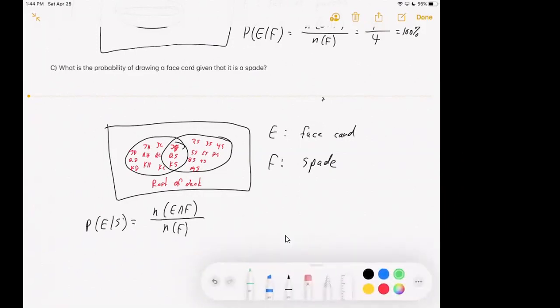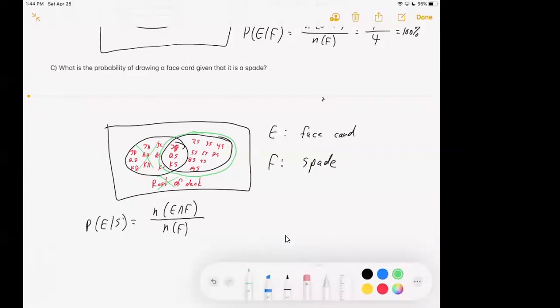I'm going to circle what is set F. We're not worried about all of the stuff that was over there, because we've been told it can't be the Jack of Hearts because we know it's a spade. So all of those things that are over there or that are in the rest of the deck don't matter because we know that we're inside of the green circle.